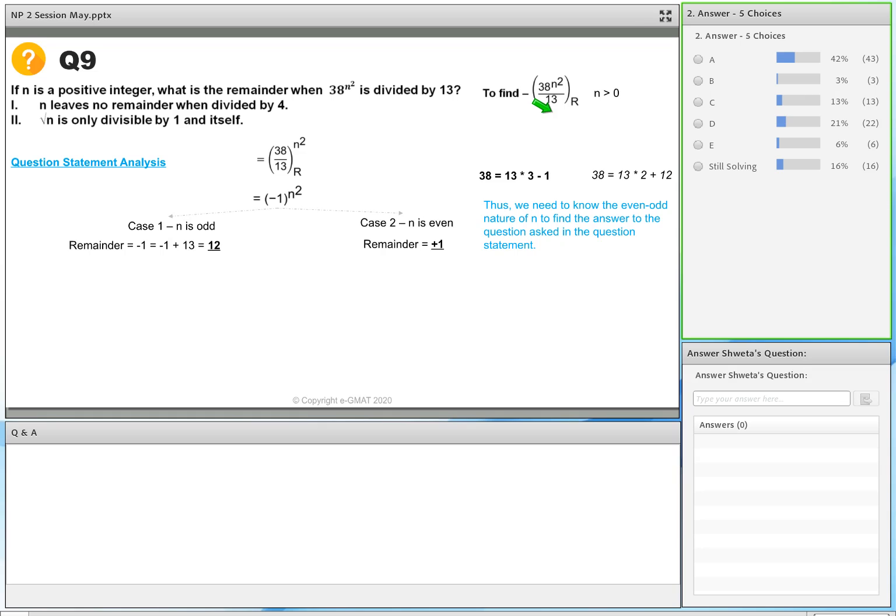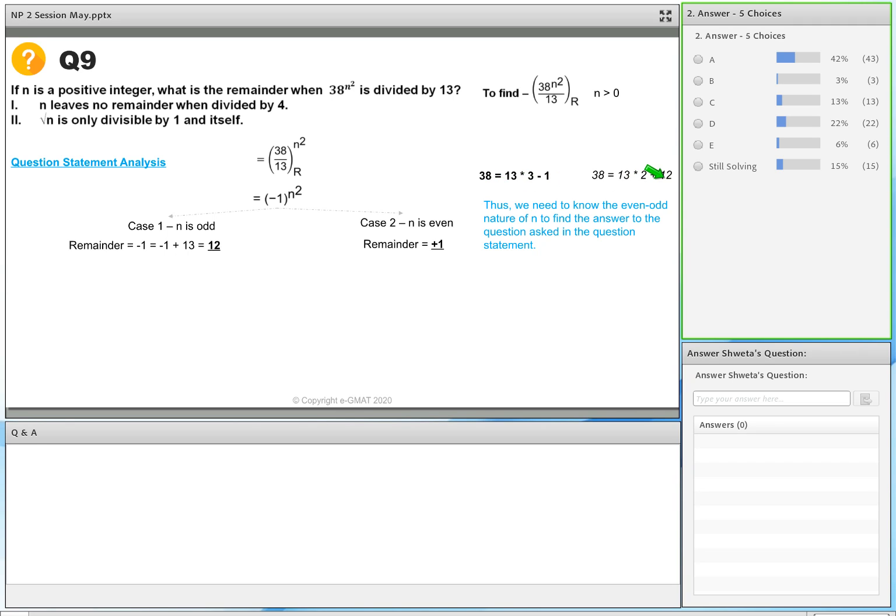Now you know you can separately find the remainder for 38 first and then put the power on top. So this is how it looks, right? 38 divided by 13, the remainder for that, and then you raise that remainder to n squared. Now, the positive remainder, if you see, is 12. 13 times 2 plus 12. But when you see the negative remainder, it's minus 1.